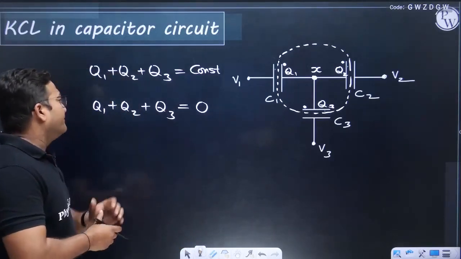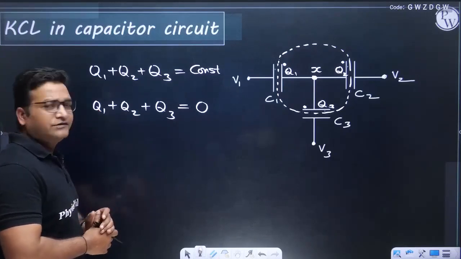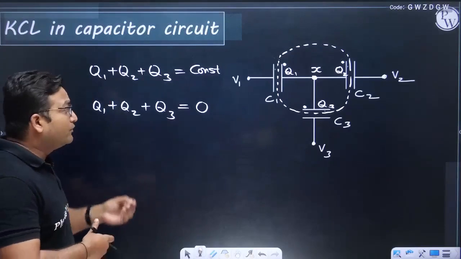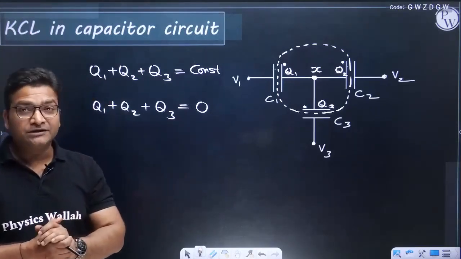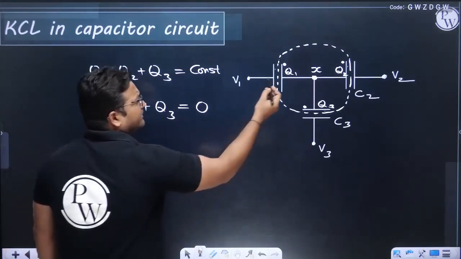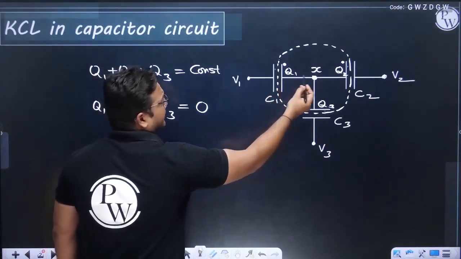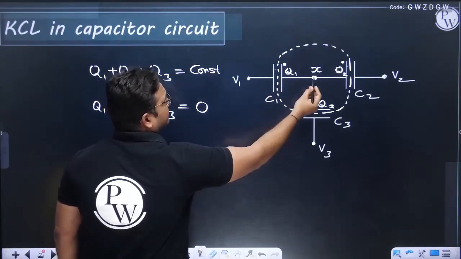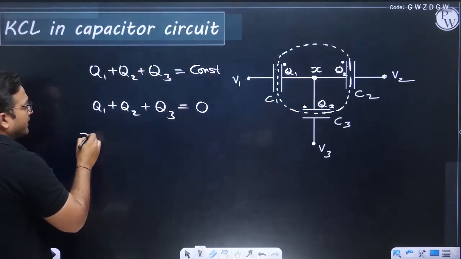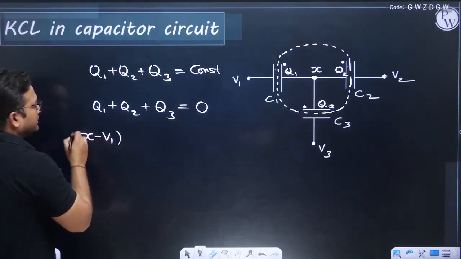Okay, so now if you want to write these charges, the idea is simple. The idea is Q equals C times potential difference. Okay, so assuming this plate to be positive, I'll write the potential difference across this will be X minus V1. So Q1 is X minus V1 times C1.